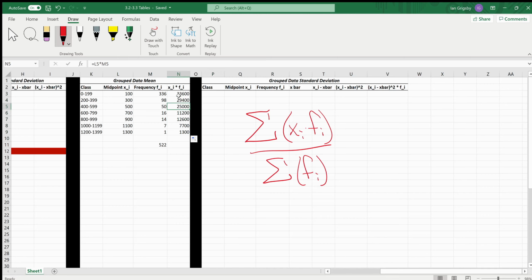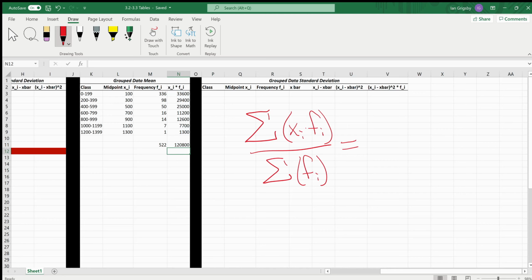Each of these numbers is a thing that looks like xi times fi. Now this thing right here tells me to add up all such things. So I say equals sum, because I'm going to be adding, and all of these numbers. Boom.